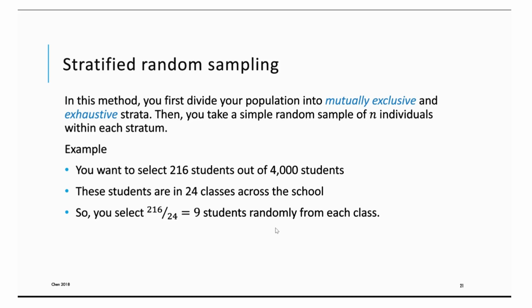Before we sample, we separate the population into the different strata that we really care about. So you would separate high schoolers and elementary schoolers.